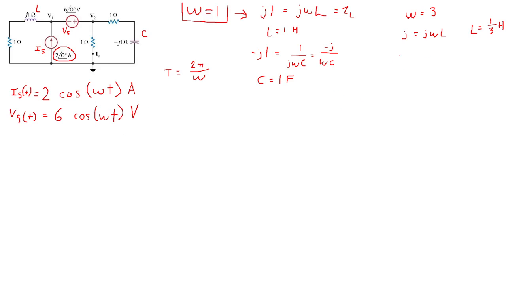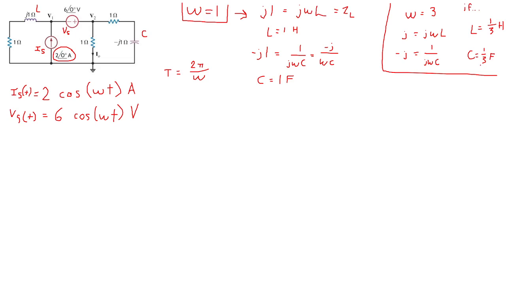In order for the circuit to look like this, the inductor would need a value of 1/3 Henry, so that j omega L would still be equal to j ohms. And if omega was 3, the capacitor would have to have been 3 farads in order for omega c to equal 1. If omega is 3, or no, we would need omega c to equal 1.